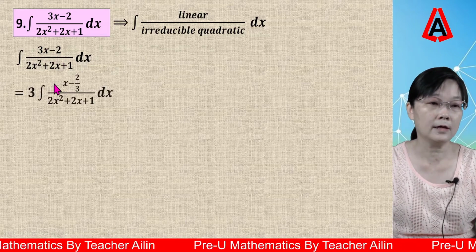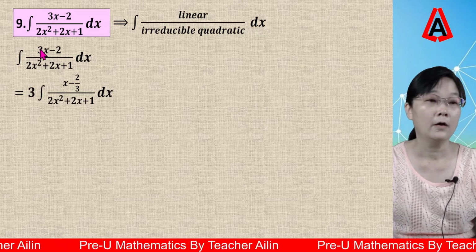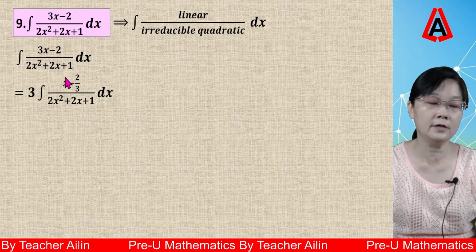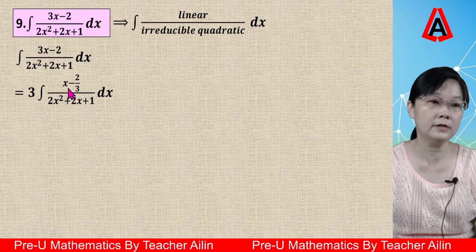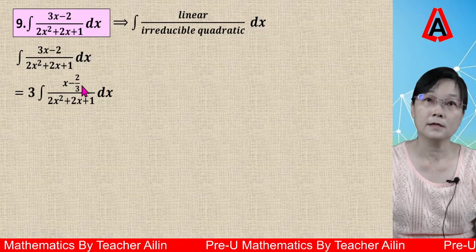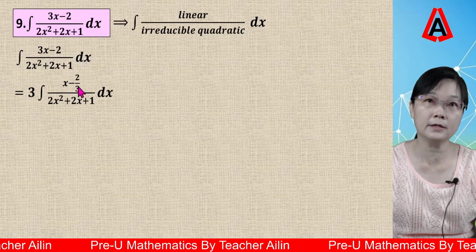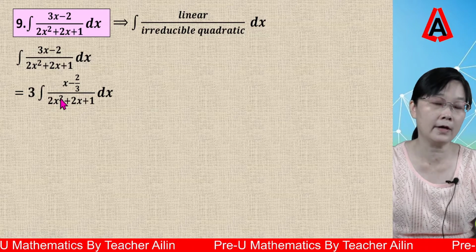So first I'm going to take out the constant 3. Before we can take out the 3, we must factorize the 3 for this numerator. So after factorize the 3, we will get x minus 2 over 3. So next, I'm going to multiply the numerator with 4 because the derivative is 4x.